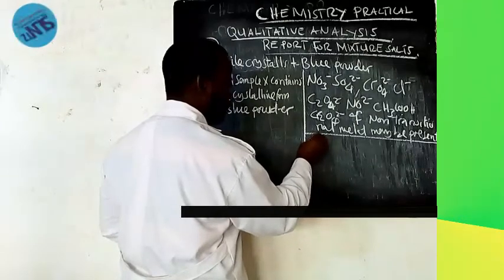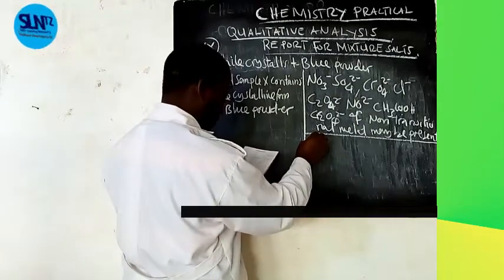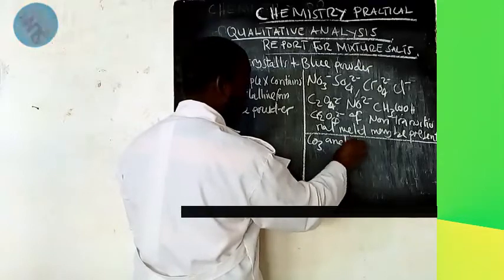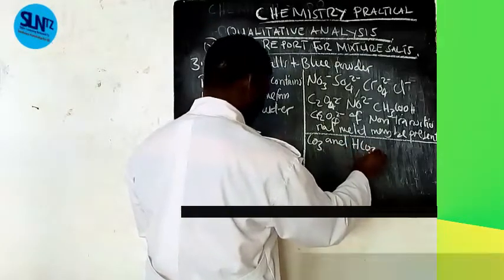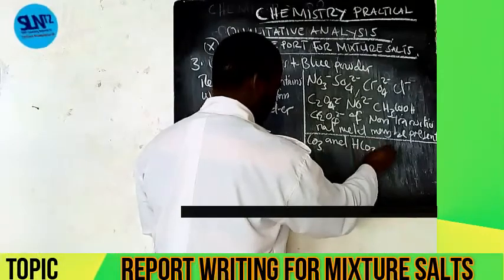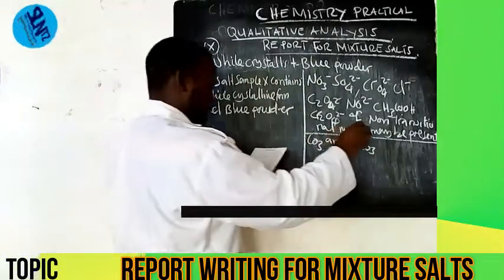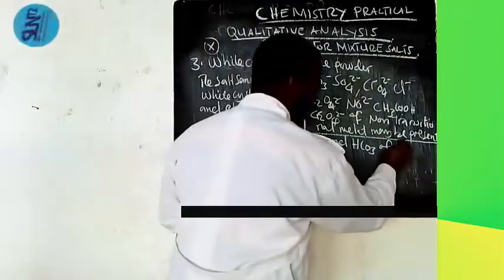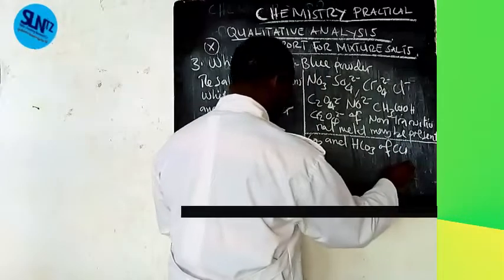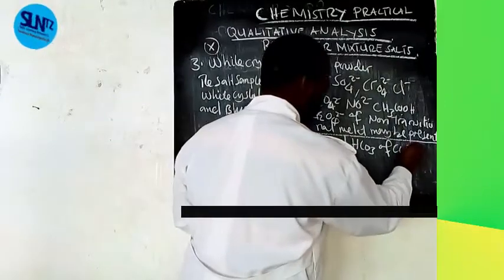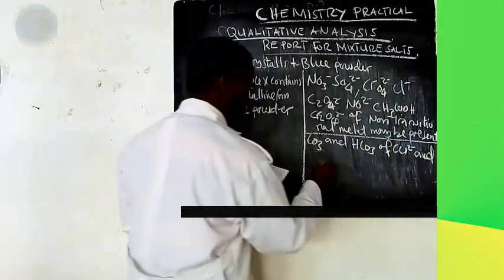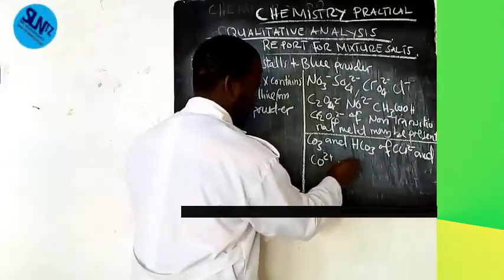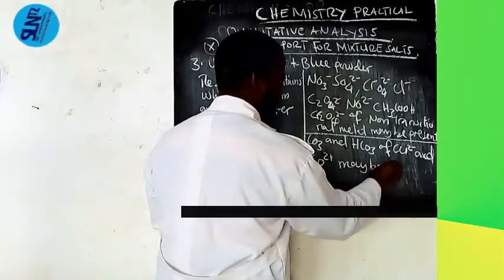You can say this is copper carbonate, because this is powder, and hydrogen carbonate may be present. Of copper 2 and cobalt may be present.